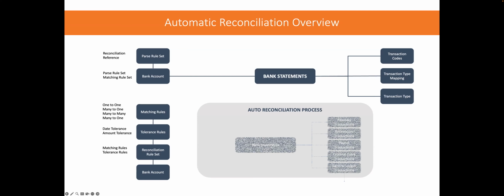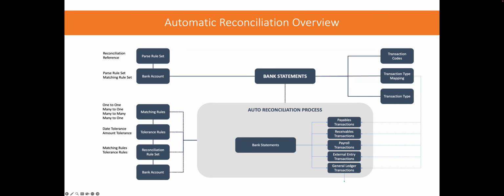For your bank statements, we look at all the different transactions coming in from all the different areas, and then it would link these codes with these transactions. Then it would run your auto reconciliation, and look at these rules to determine how it would find the data and match them to your bank statement.